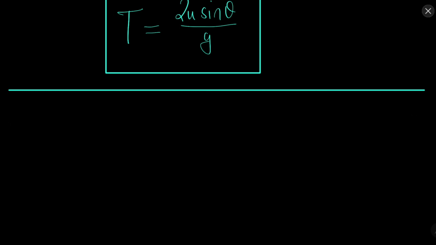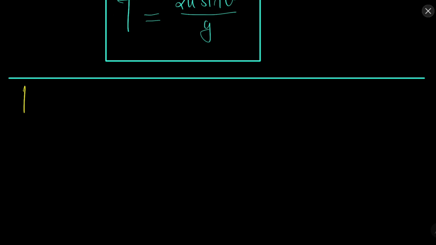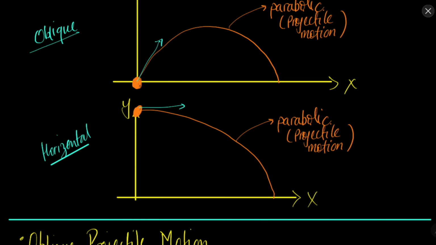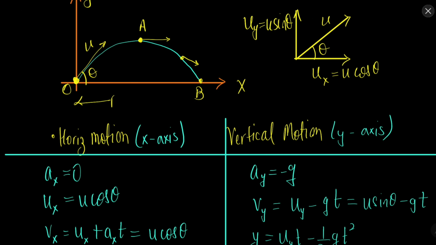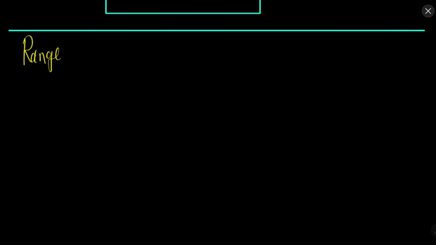Now the second formula is for range. Range is the horizontal distance. This will be called the height or the topmost height. So what will be the range? To find the range we want the x-axis, because we are discussing horizontal motion.